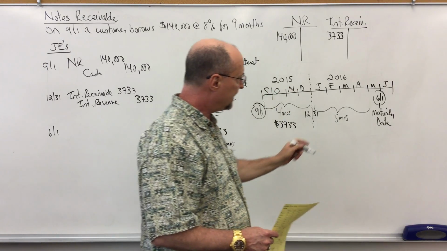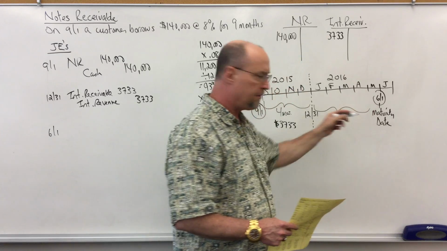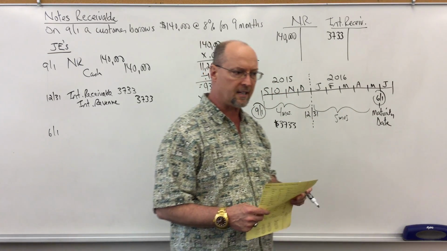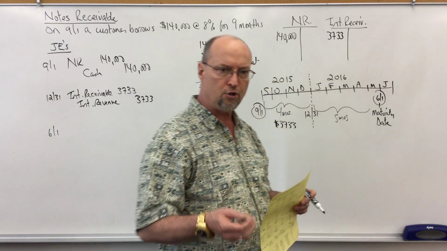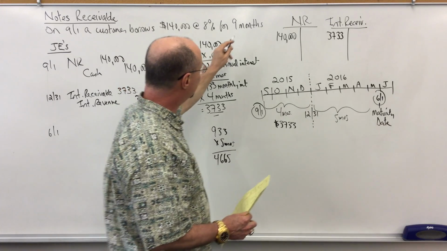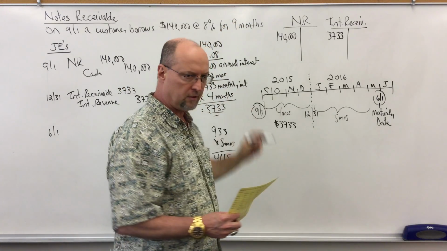Now, it is now June 1st, the due date or maturity date, same thing, and we are going to collect all money owed to us, which is the principal of $140,000 plus 9 months interest.